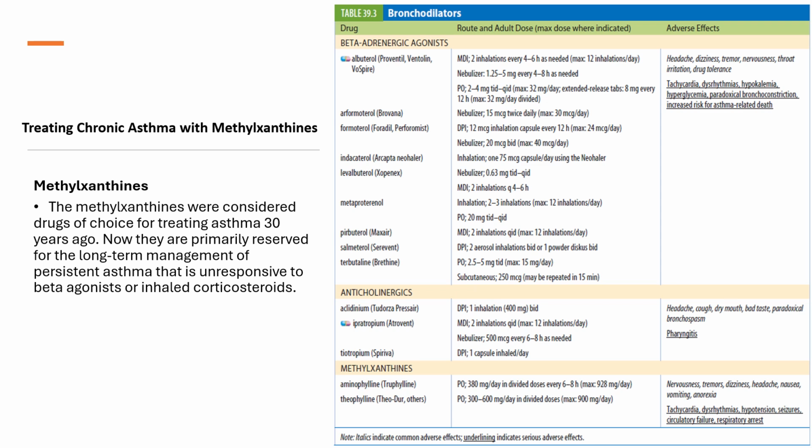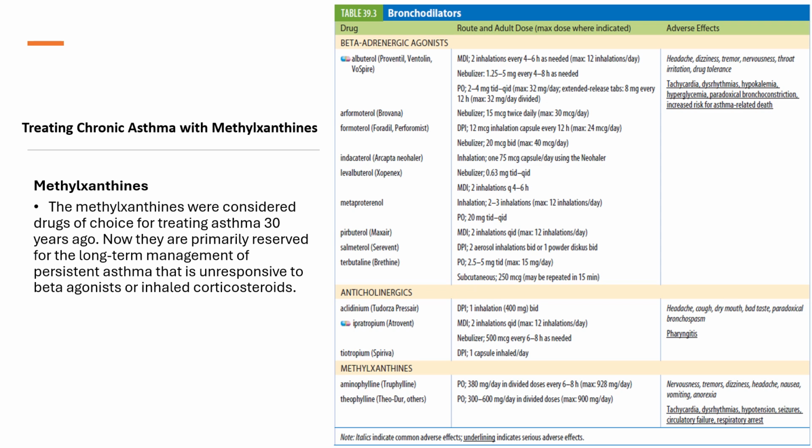Like caffeine, methylxanthines can cause nervousness and insomnia. These drugs also have significant interactions with numerous other drugs. Methylxanthines are administered through per orem or intravenous routes rather than by inhalation.